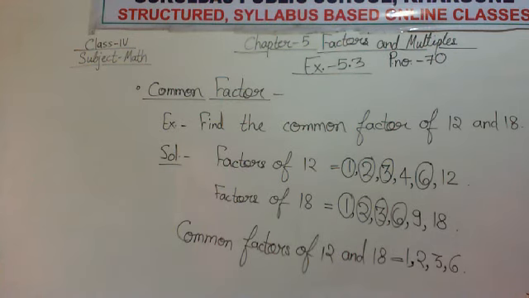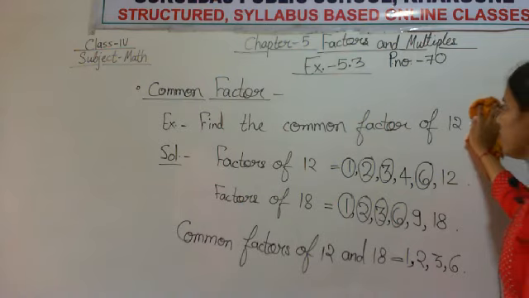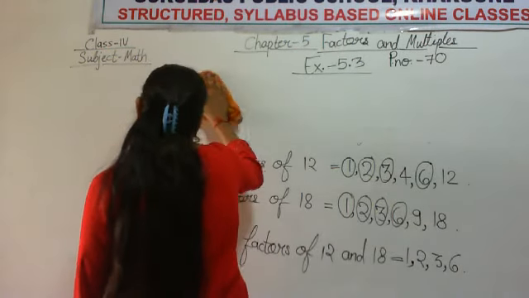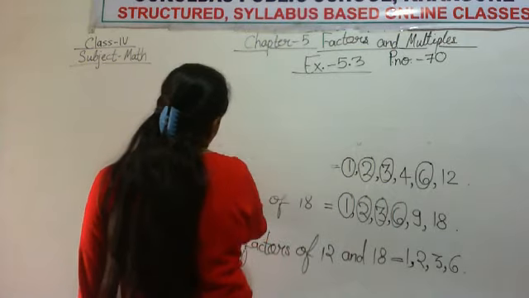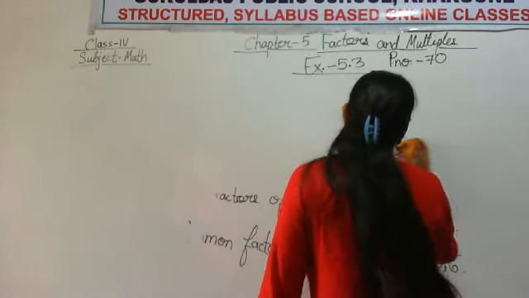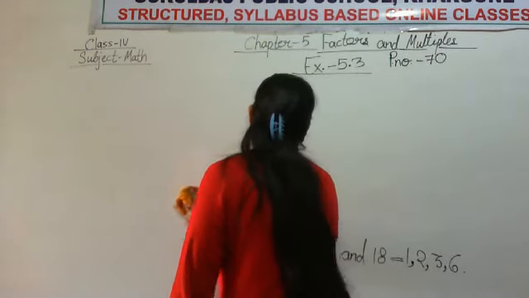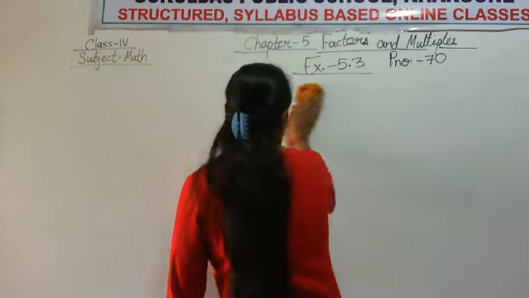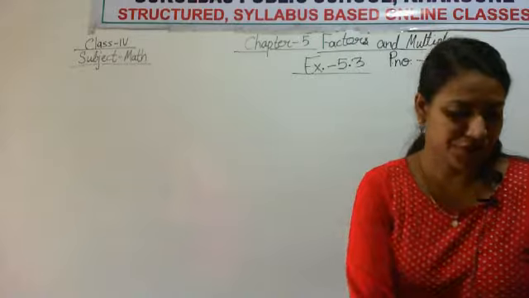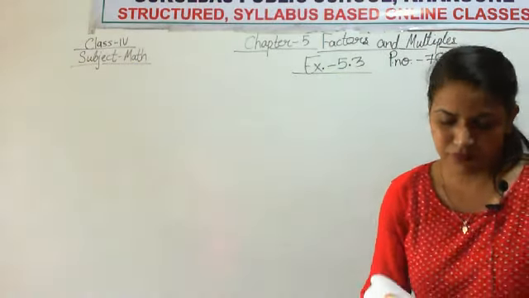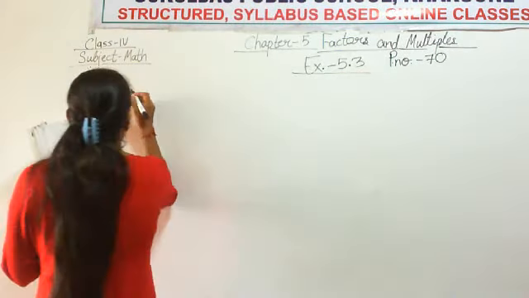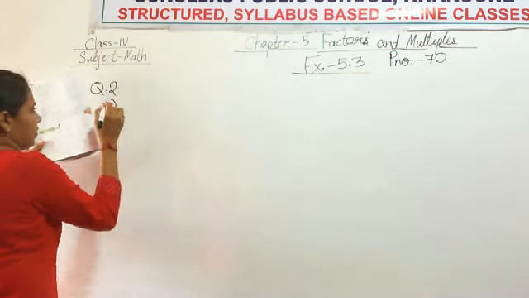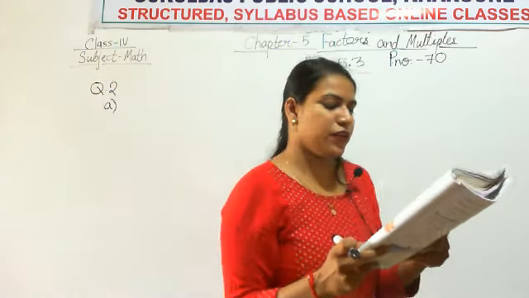Okay. So now let us move to the question of exercise. Question number 2. Question number 1 we will do later. First we are doing question number 2. Read question carefully.